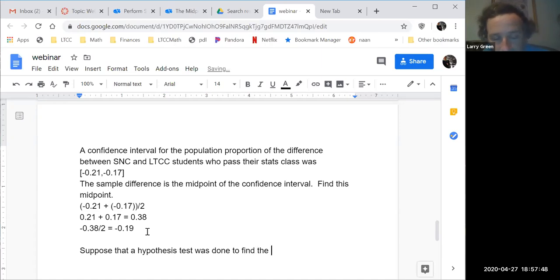To find the difference in the population mean weights of, let's go, cats, kittens, and puppies. Okay.